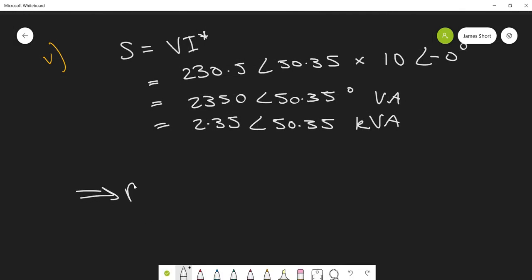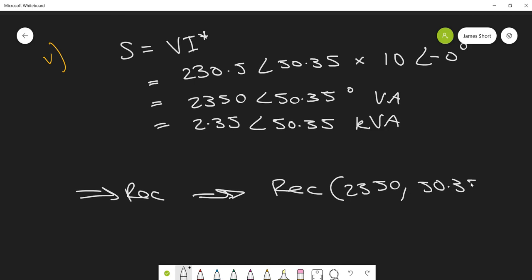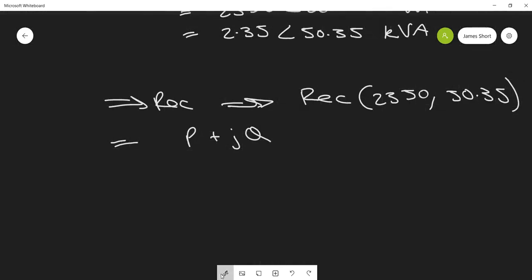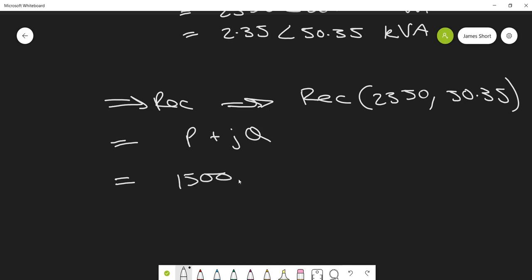Right, you could convert that into rectangular. So that there would be in your calculator, this here. So you go 2350 at 50.35, and what you get is the complex number of that in the form of P plus jQ, and that comes out at approximately this, plus 1809.4 j.